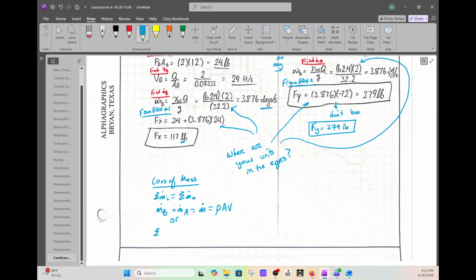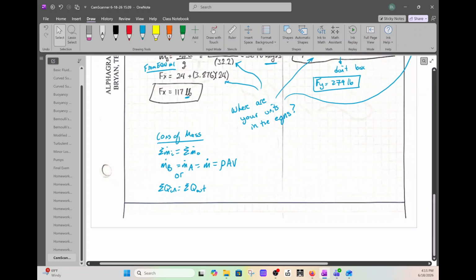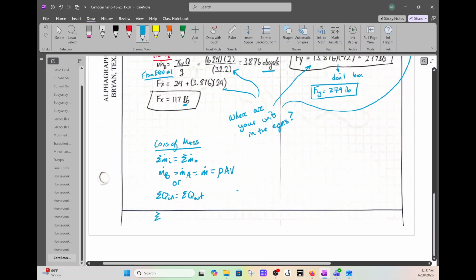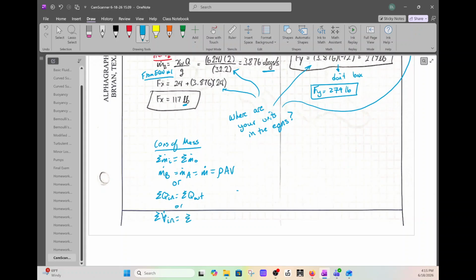Because you're using Q, you can do Q in equals Q out. I don't use Q. I use V dot in equals the summation of V dot out. Then it would be AB VB equals AA VA.